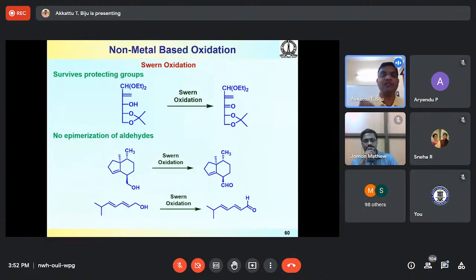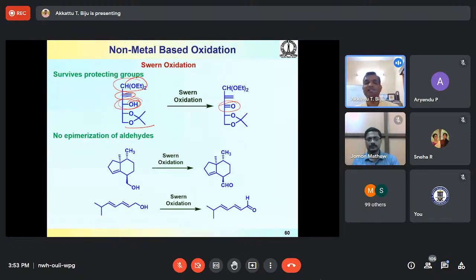So if you look at this substrate, we have a secondary alcohol moiety, an acetal, and a carbon-carbon double bond. So all these functionalities will be untouched under the Swern oxidation conditions, and only the alcohol will be converted to the ketone without affecting the acetals or any other functional groups.